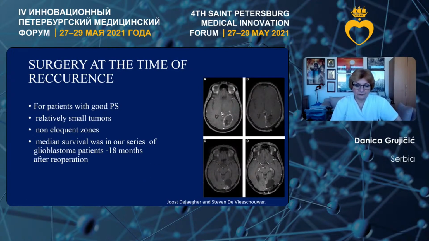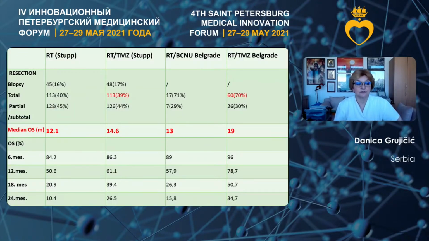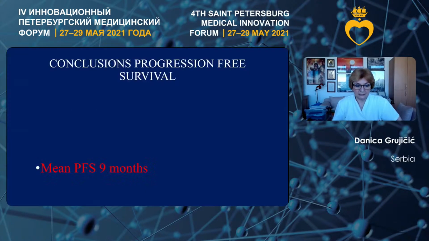If we believe that we won't worsen the neurology of the patient, we do the surgery, sometimes 5 surgeries, and such patients live longer. Here are the results. Mean PFS before the relapse was 9 months in our patients.